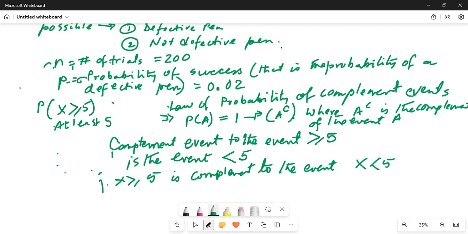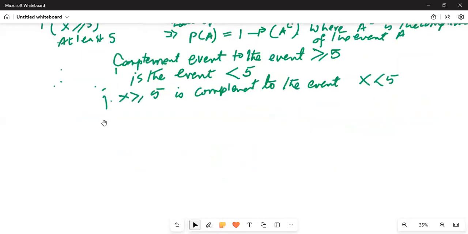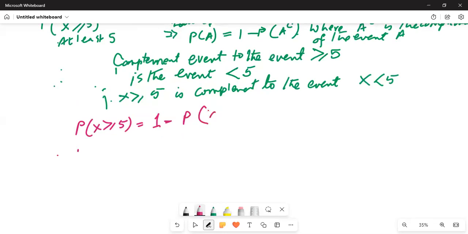Therefore, probability of X greater or equal to 5 is 1 minus probability of the complement event, which is X less than 5.